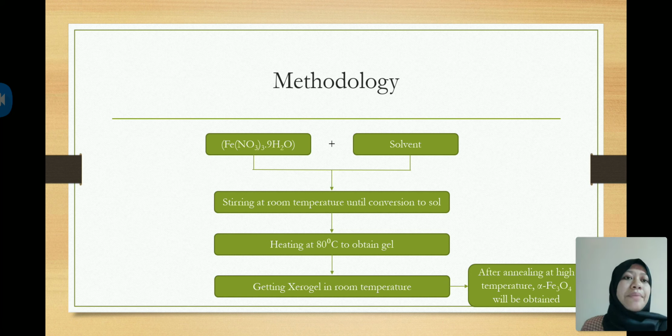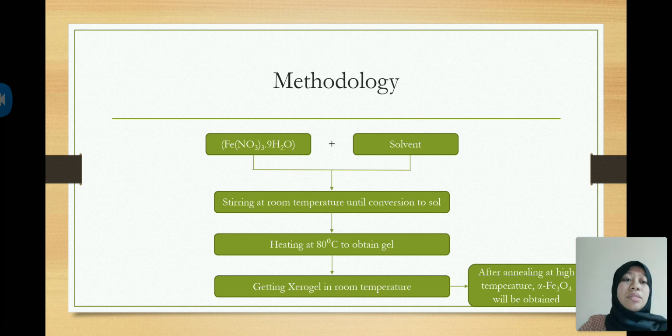Okay, the first step is that ferric nitrate nonahydrate will be mixed with polyol, which is the solvent. Then the solution will be stirred at room temperature until the formation of the sol. The third step is that the sol will be heated at 80 degrees Celsius to obtain the gel.